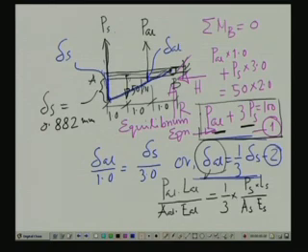Now, from this triangular configuration we can compute the deformation of this particular point, which is at a distance of 1 meter from here. So, the deformation of this is equal to 2 by 3 of this particular deformation.